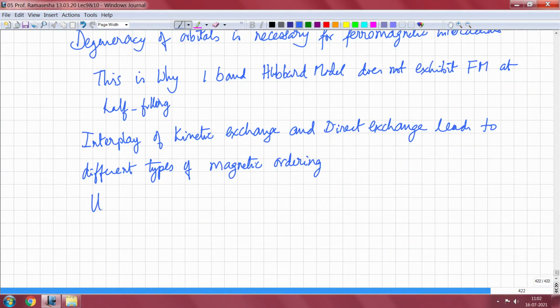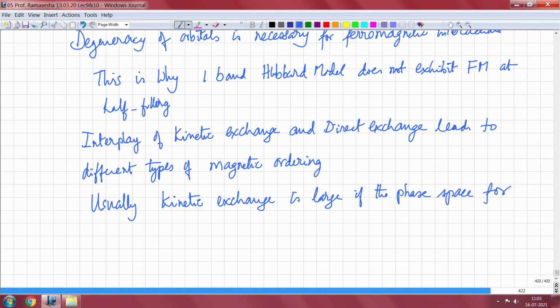Usually kinetic exchange is large if the phase space for delocalization is large. That is, the electrons can easily be delocalized through multiple configurations. So this is what you will find generally.